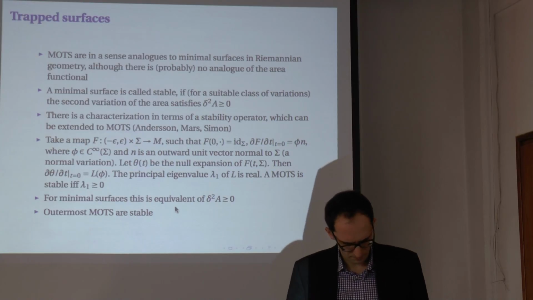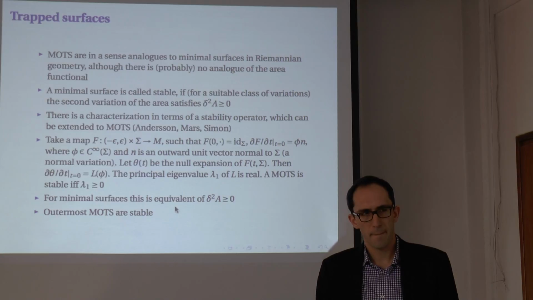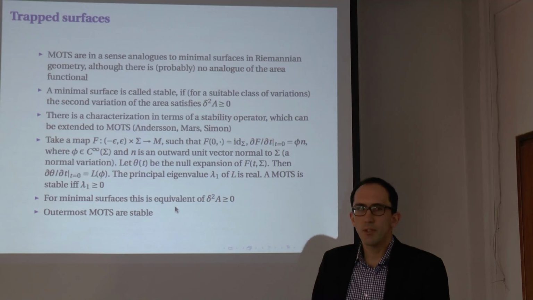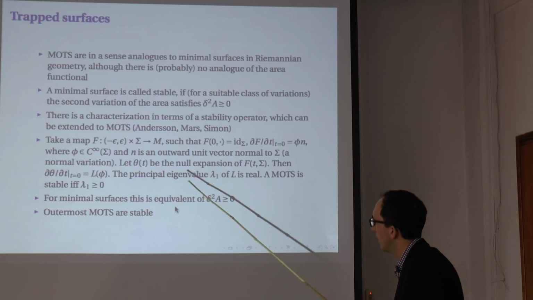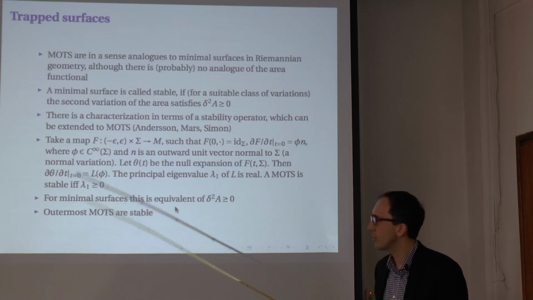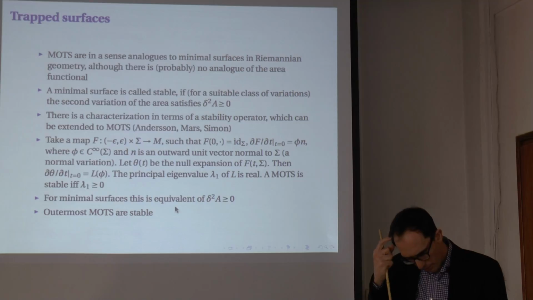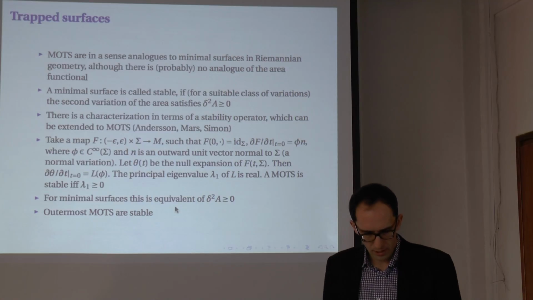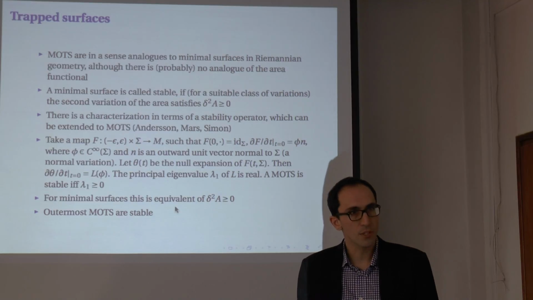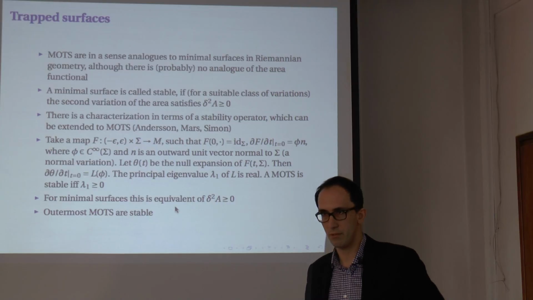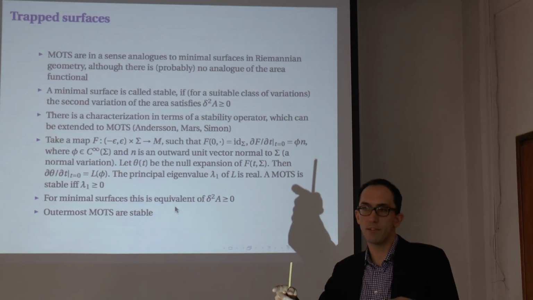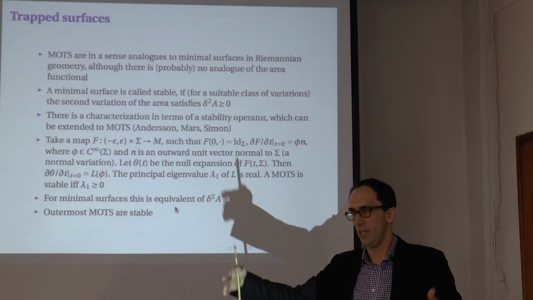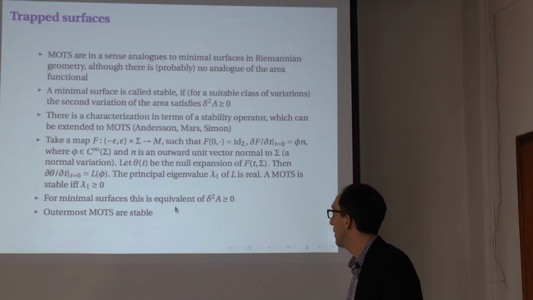So you cannot untrap everything. Well, it works in the sense that, in terms of this definition, you can show that the outermost marginally outer trapped surfaces, those that are not contained in any other trapped surface, are stable.